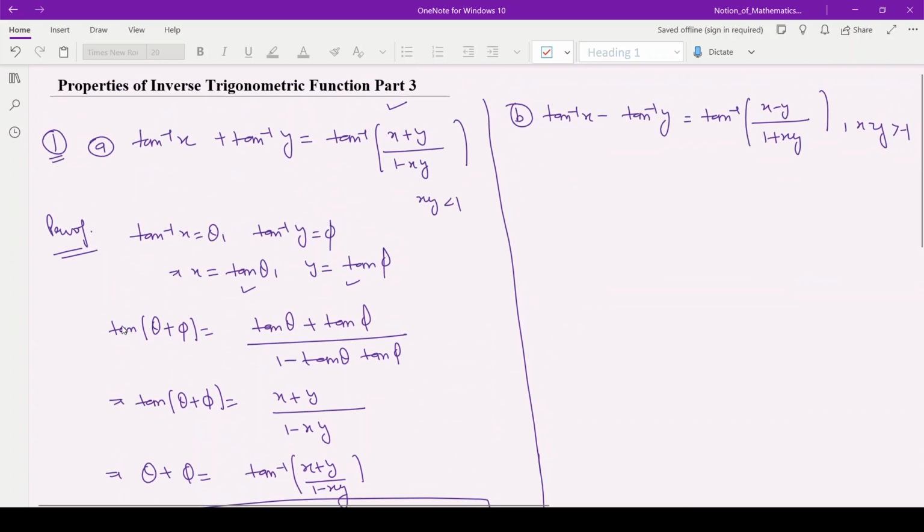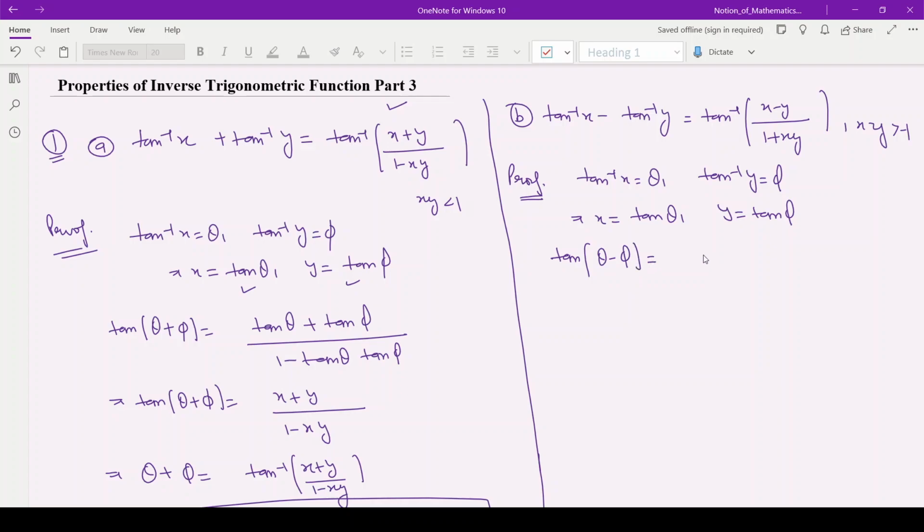Thereafter I will be proving this B part. Here again my consideration is the same. I am taking tan inverse x is theta, tan inverse y is phi, or x is tan theta, y is tan phi. And as we know the formula, tan(theta minus phi) is (tan theta minus tan phi) upon (1 plus tan theta tan phi).